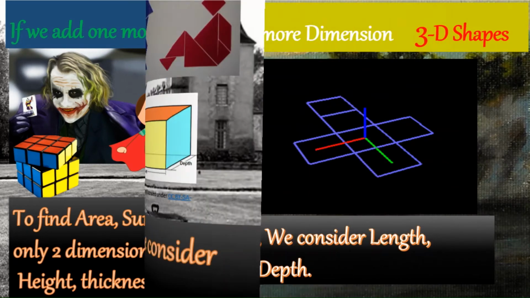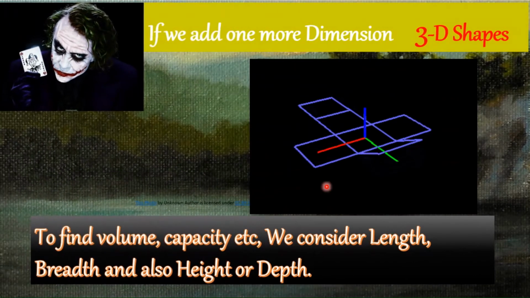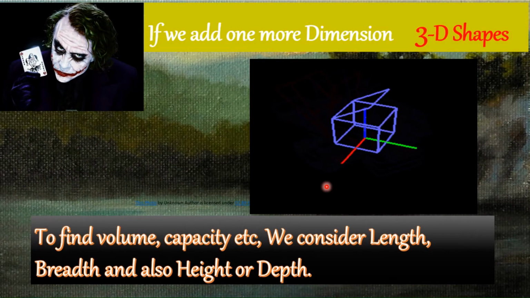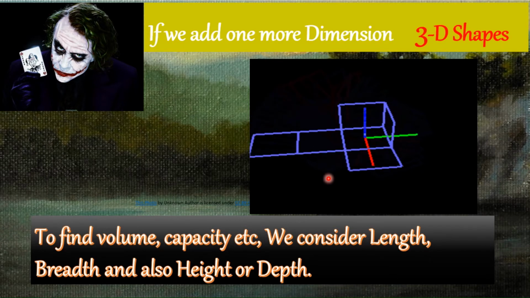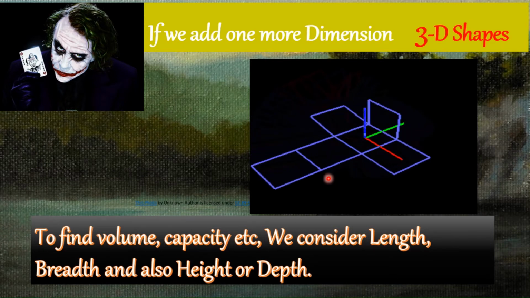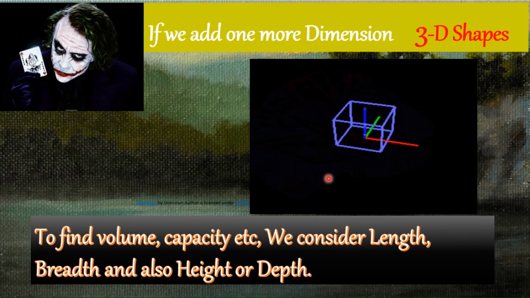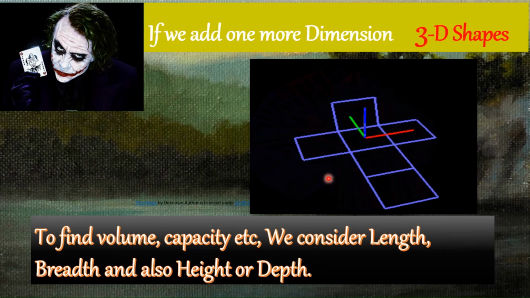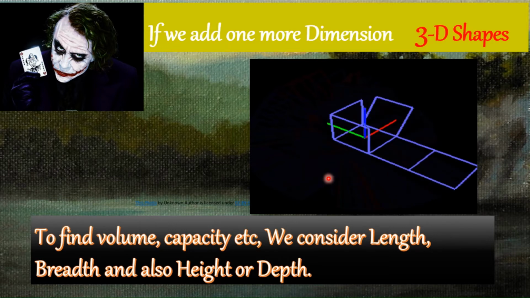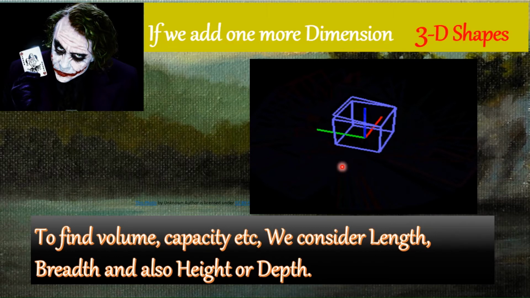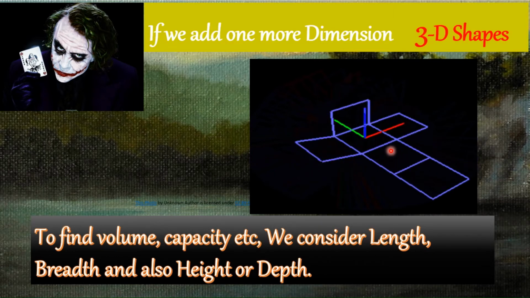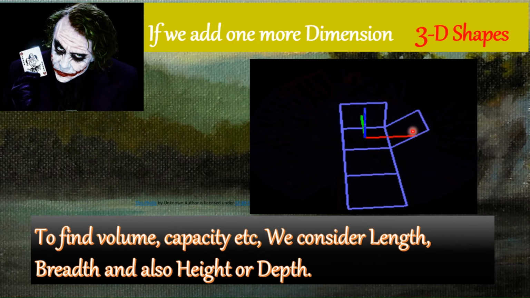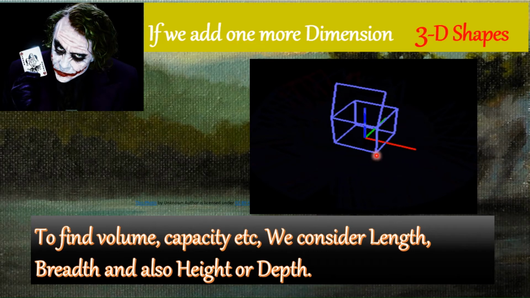Okay, let's add one more dimension to it. You can see very clearly that the net is a two-dimensional shape and it is changing into three-dimensional just by folding. When we are considering the thickness, we are taking it into three dimensions. When it is in the shape of a net, it is only length and breadth.